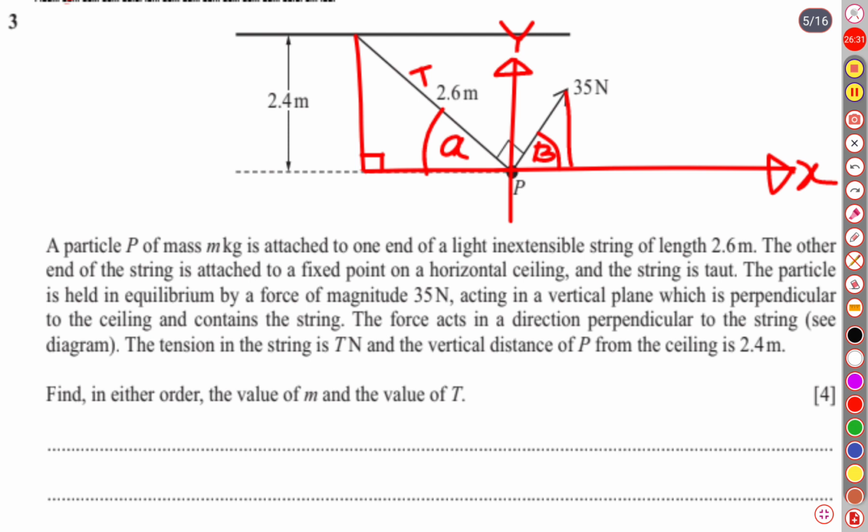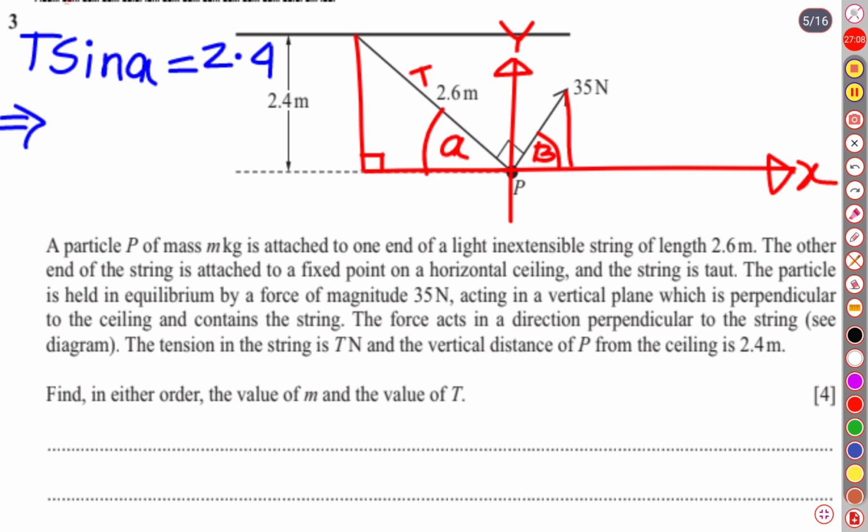Let us find the angle alpha on the left side. For alpha, the hypotenuse is given as 2.6 and the height is given as 2.4, that means the opposite side. Hypotenuse times sine alpha equals the opposite. Remember, without having the measure of the angle we cannot resolve the forces.